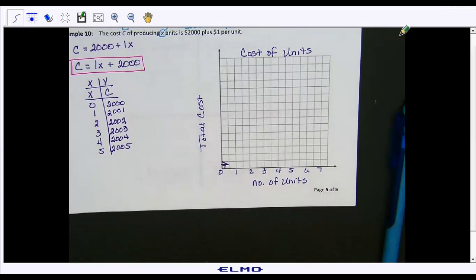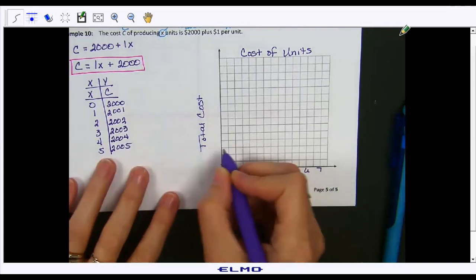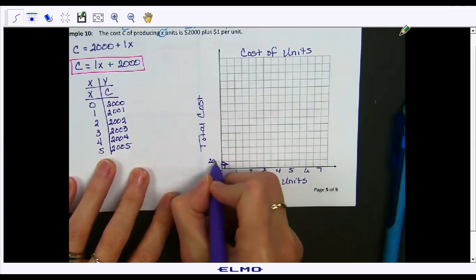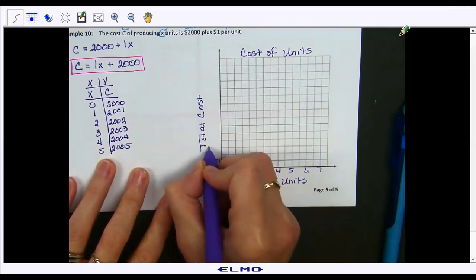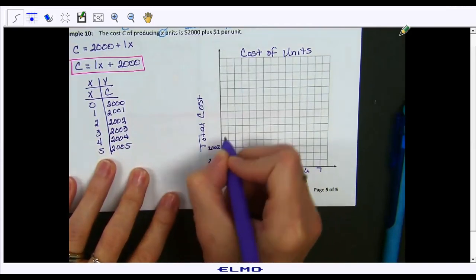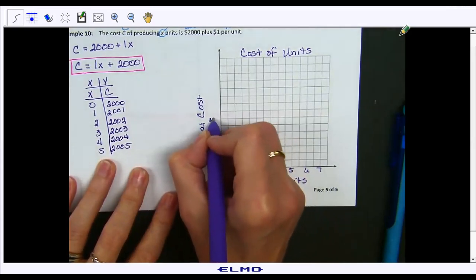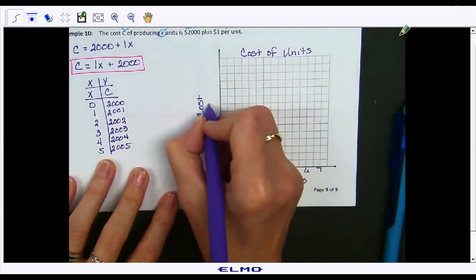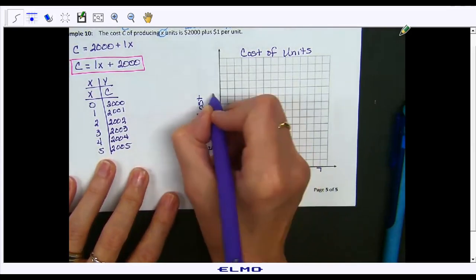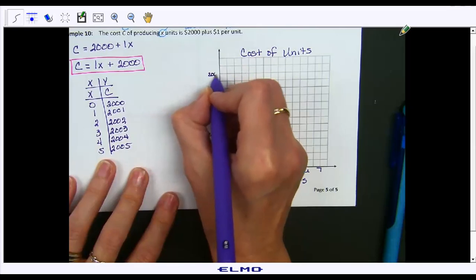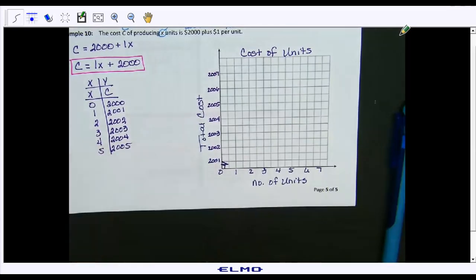And then what I'm going to do is I'm going to start at 2001 and skip a line and go to 2002 and then 2003 and so on. Okay, and now I can graph my table.